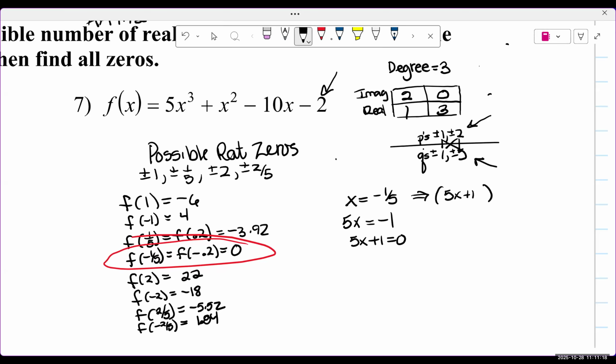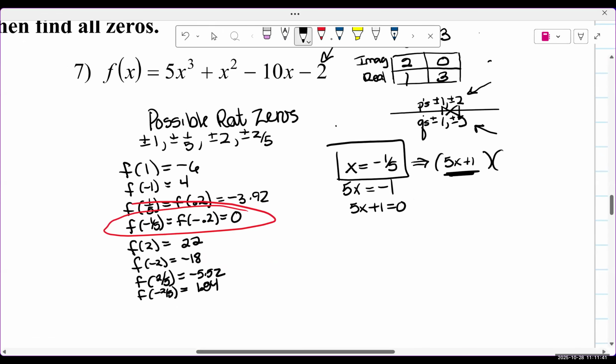Okay, so degree 3, I have found one of my zeros. I need to find the other 2. So if I know that this is one of them, how can I find out what the polynomial looks like after this is taken away? So we can do long division.